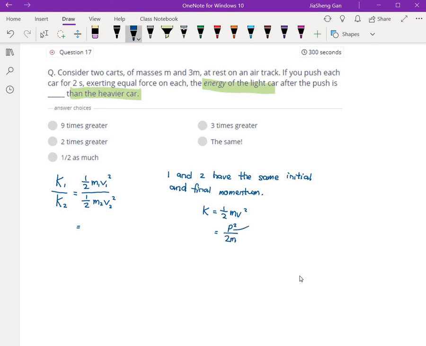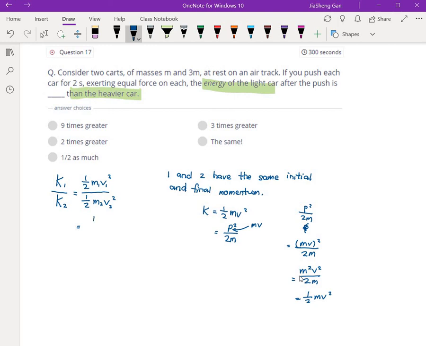This P here is of course mv. If you do the maths, mv square over 2m, you see that it is equivalent to m square v square over 2m, which is basically just half mv square. So if I express it in terms of p square over 2m, then things will be a bit easier to explain.